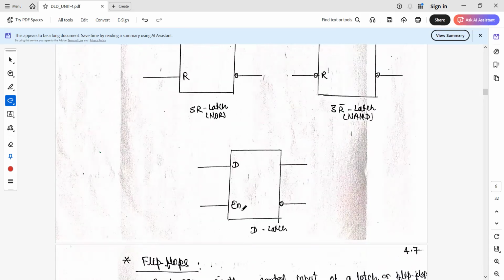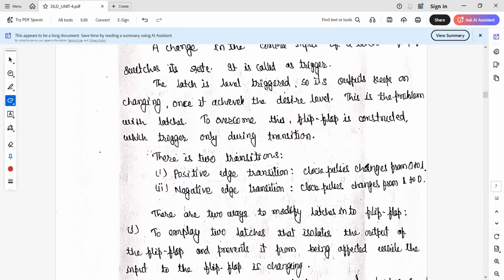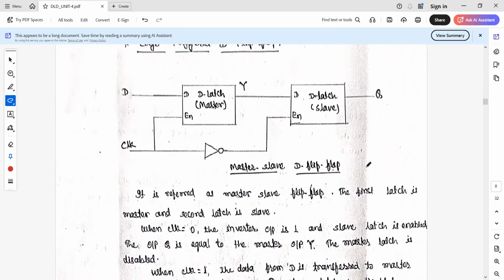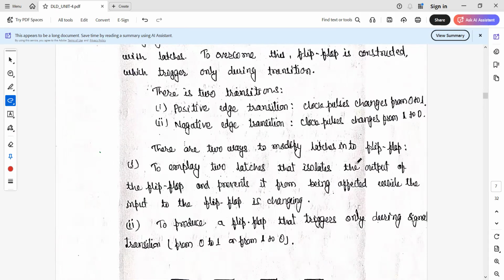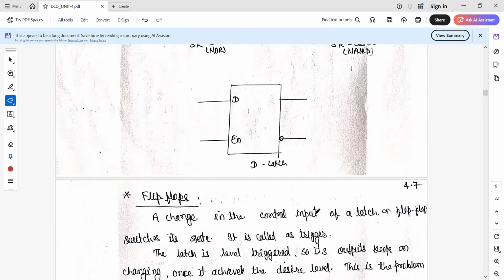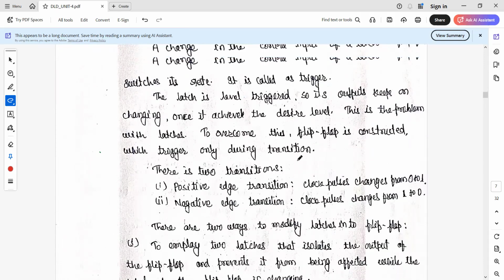Later we can have a discussion about the flip-flops. We can also have a discussion now, we can continue with this, but it is going to be a somewhat lengthy topic. So maybe we try to conclude here, and later we can have a discussion about the flip-flops.